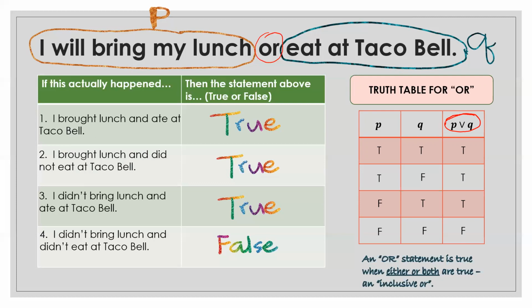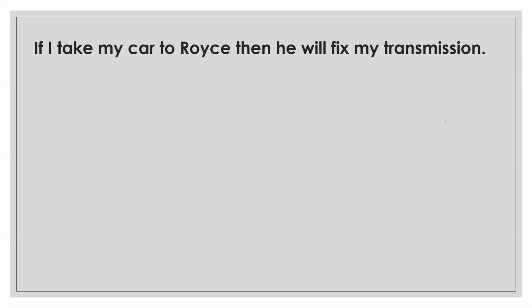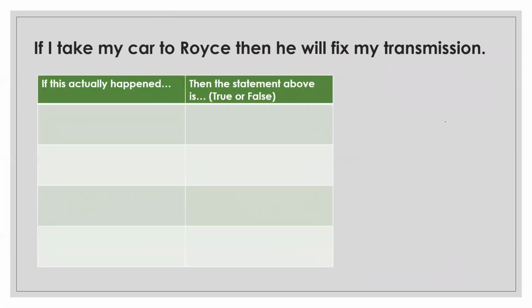Now remember the connectives in symbolic logic. We have and, or, and then what's next? If then. Okay, so consider this statement. If I take my car to Royce, then he'll fix my transmission. Okay, so again, these are the scenarios, and you think about it and see if it's true or false.